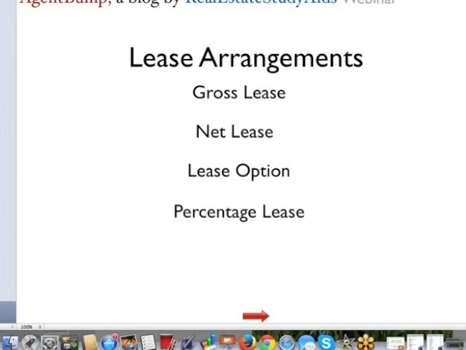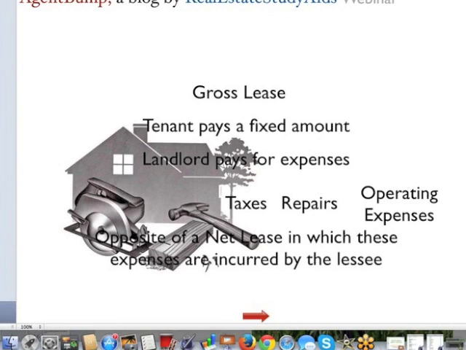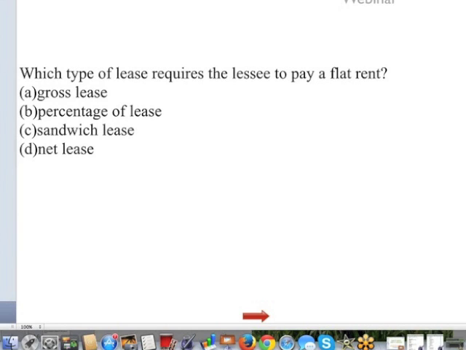Excellent. Okay, so here we have that gross lease. Tenant pays a fixed amount. Landlord pays for expenses such as taxes, repairs, and anything else that comes up. Okay? And what's the answer here?